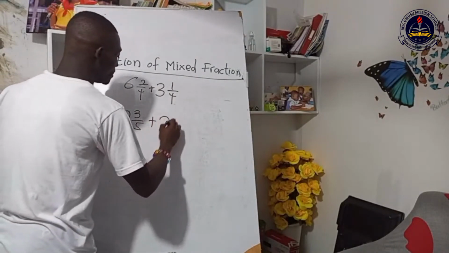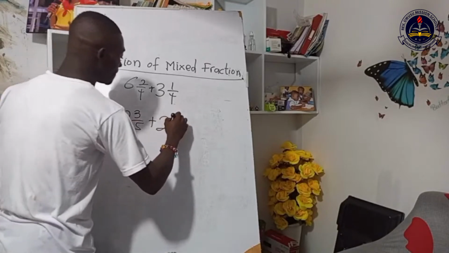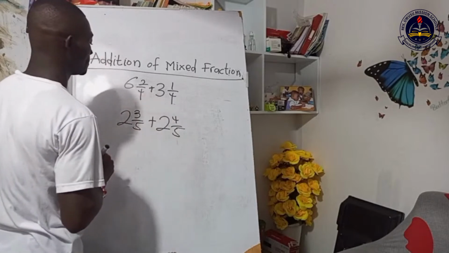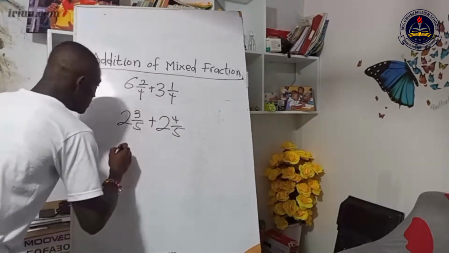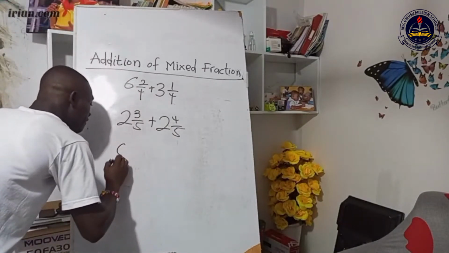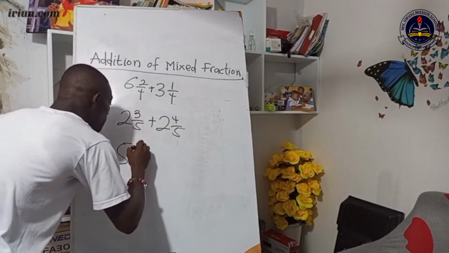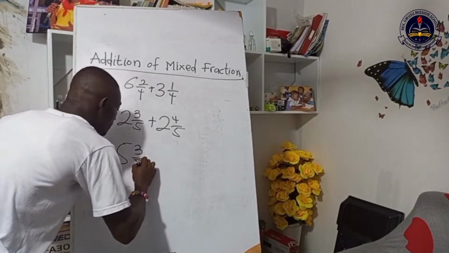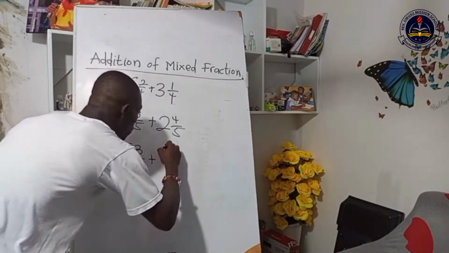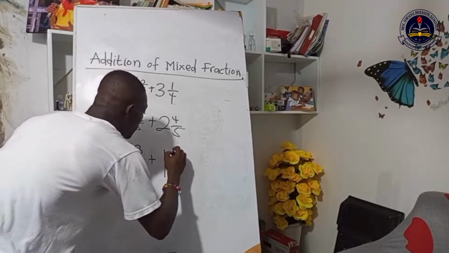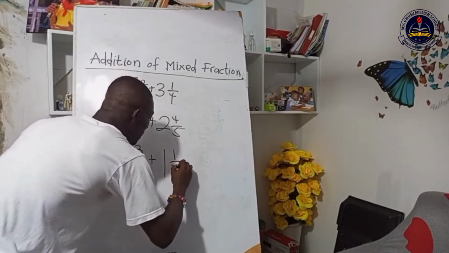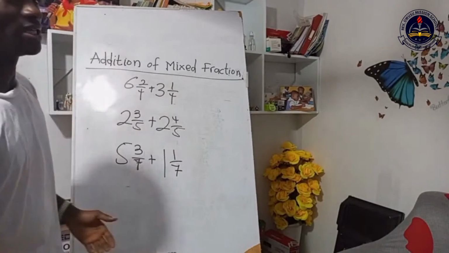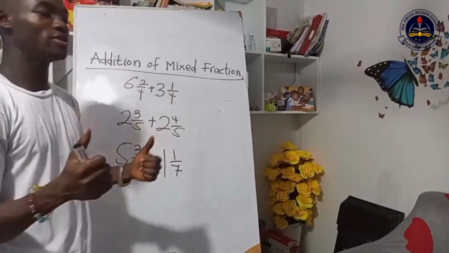Plus 2 whole number again, 4 over 5. The next one is 5 whole number 3 over 7 plus 1 whole number 1 over 7. This is your DIY. Do it yourself.